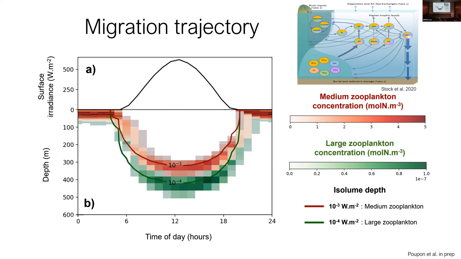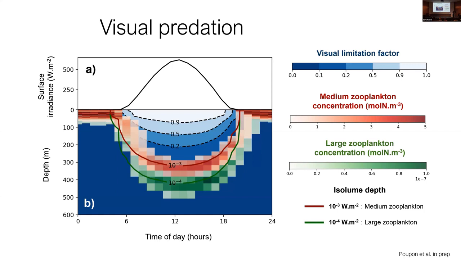They're tracking a different isolume, but they're consuming during the day. They're residing at depth at night. And because in our first simulations they were all dying out, one of the things that we added that was really important was visual predation. So they are protected from predation at night. And this is following work by, again, Daniele Bianchi in 2013, where he first introduced this visual limitation factor for vertical migration.